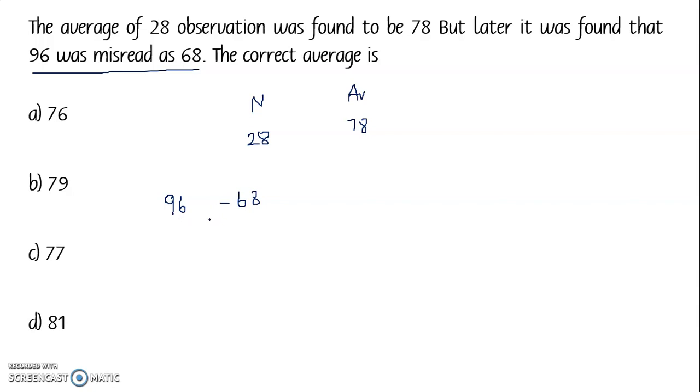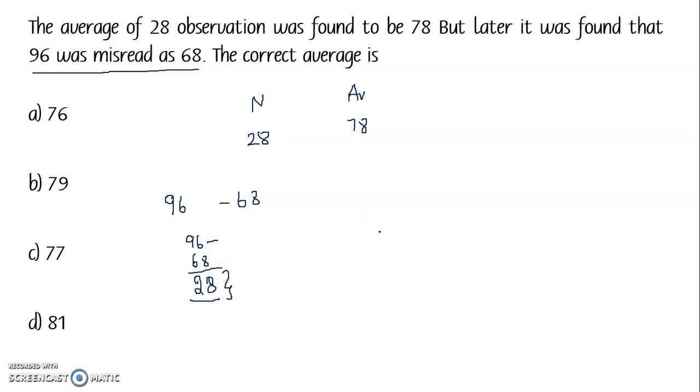So what will happen to the average? The calculated total is actually less. We'll find the difference: 96 minus 68, which is 28. So 28 is the deviation, in the sense that the total is 28 less.